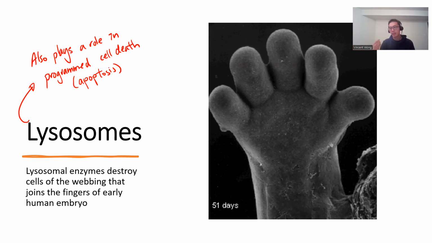For example, if the cell is getting too old, or if it's not functioning properly, you want to kill off the cell. You don't want it to stay there and cause trouble. So the lysosome will help trigger basically the reactions that will cause the cell to die off. So this is deliberate cell death, programmed cell death.